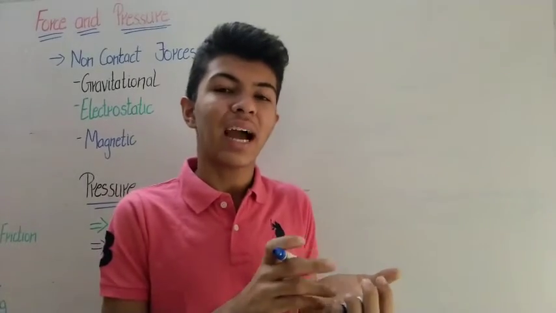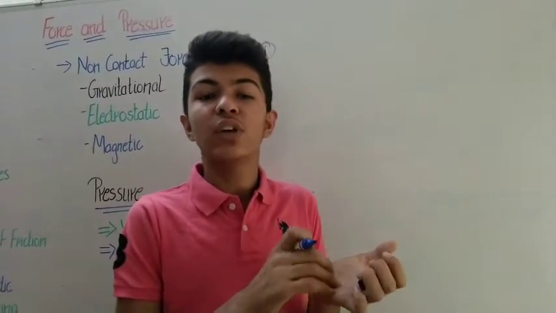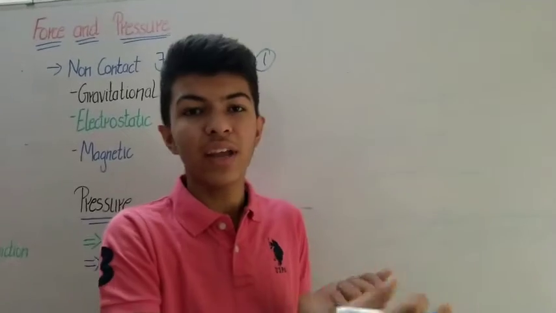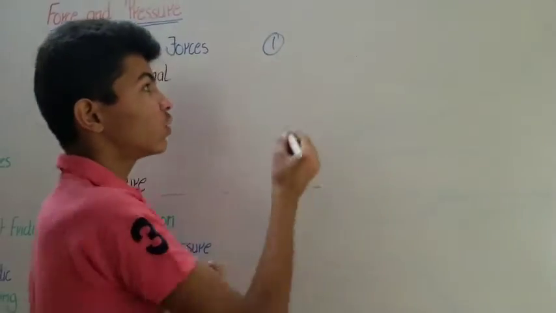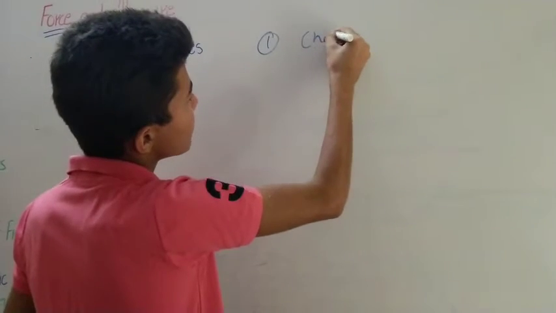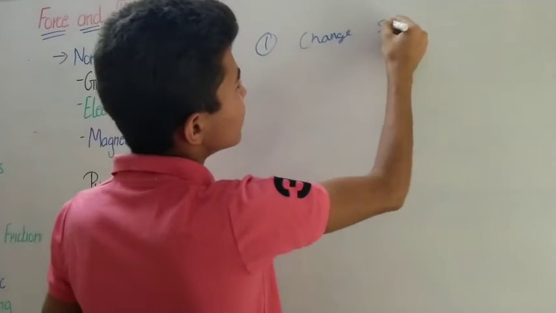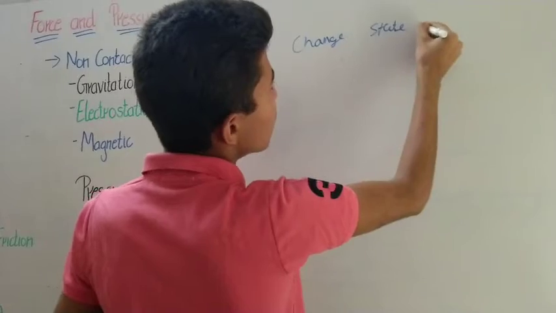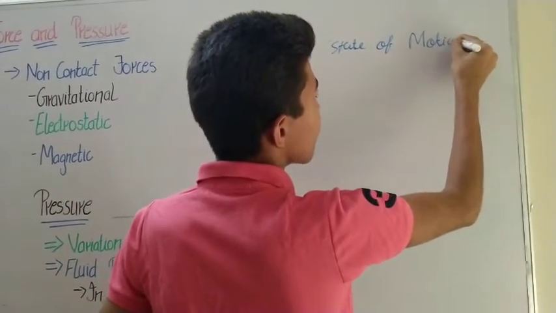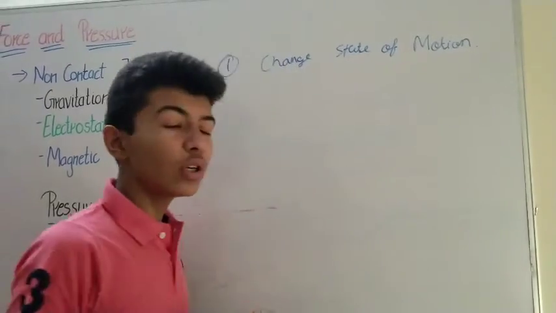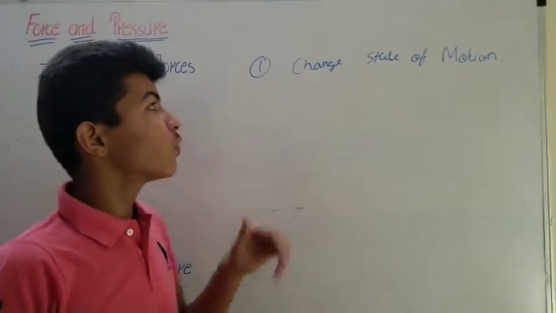Here the state of motion means, if a body is at rest it would start moving, and if it is moving it would change and come to rest. So it would change the state of motion.